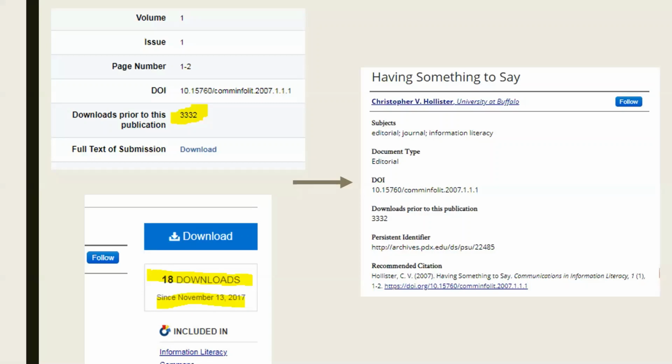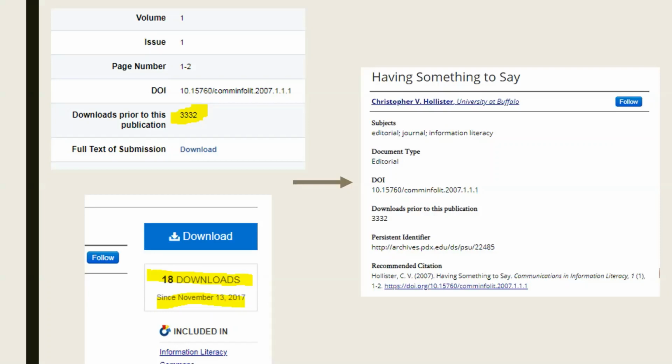There was, in fact, a field that was created by the folks at Portland State inside bpress for us to document the number of downloads. And again, that information had to be manually entered.